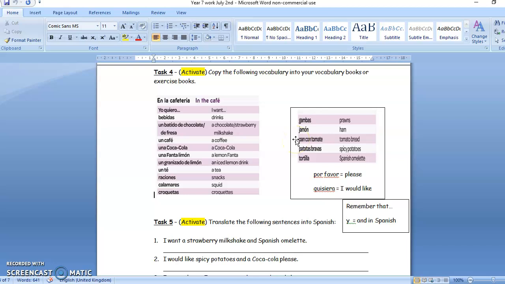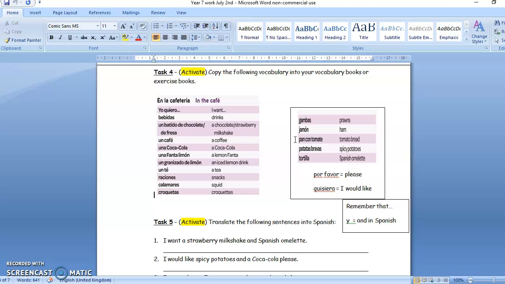Pan con tomate. Patatas bravas. Tortilla. Por favor. Quisiera.